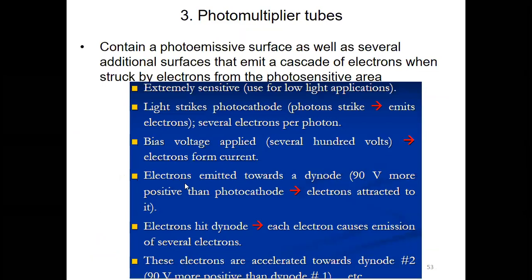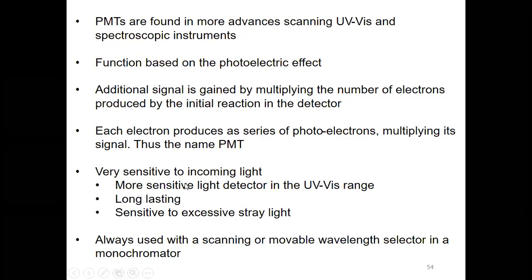And it is very sensitive to incoming light, and is a more sensitive light detector in the UV-vis range. So it is more sensitive in the UV-vis range. That's why I told you in the UV-visible instrument, these PMTs are highly used. And the lifetime is very long, but it is sensitive to excessive stray light.